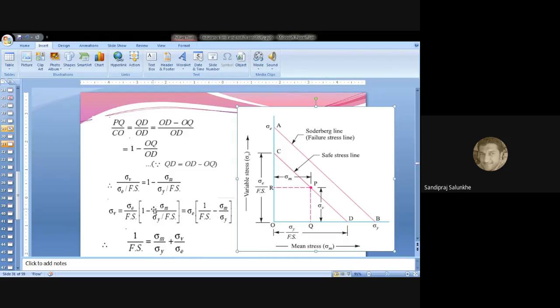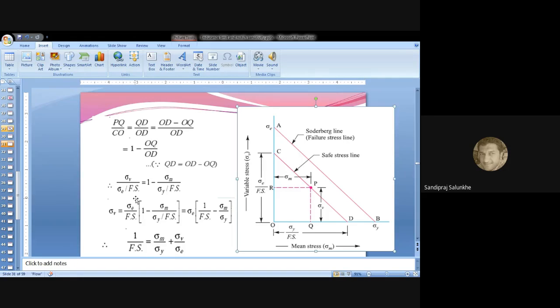Now when we put values for these lines which we have considered, the PQ line is indicating sigma V, that is the variable stress value for point P, divided by the CO line, which has a value equal to endurance limit divided by factor of safety.